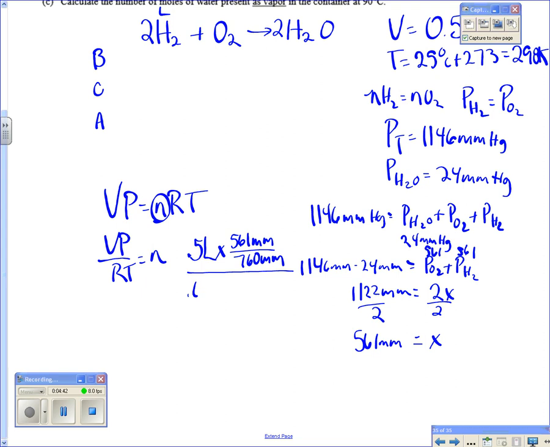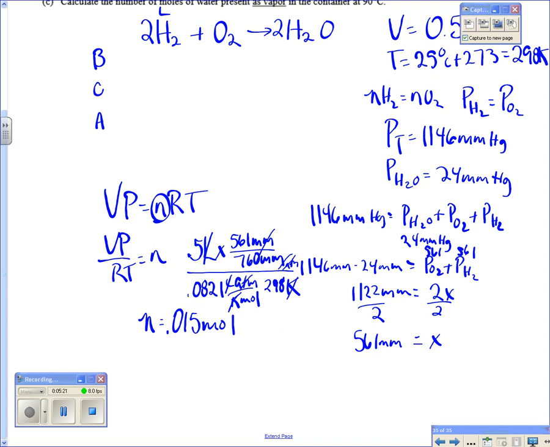I know my R is 0.0821 for atmospheres, and I know my T is 298. If we cancel everything out, we're going to end up with moles. Through this calculation, you end up with 0.015 moles. So I know that the n for both oxygen and hydrogen is 0.015 moles.